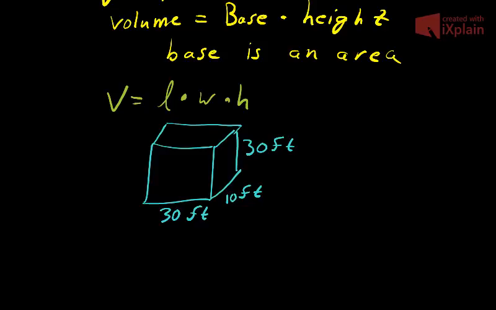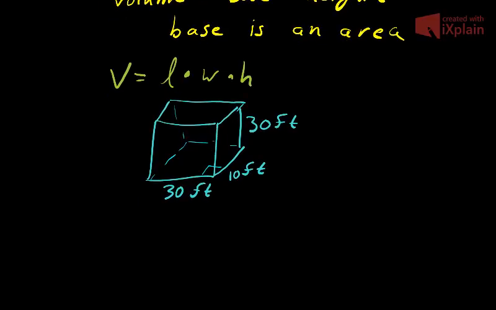The first thing we have to do is find the area of the base. If this is a rectangle, the base is 30 by 10, so length times width is 30 times 10, which is equal to 300 feet squared. That is the area.